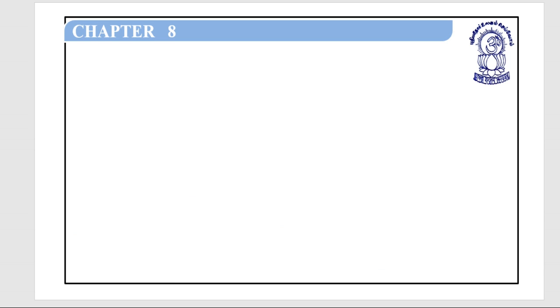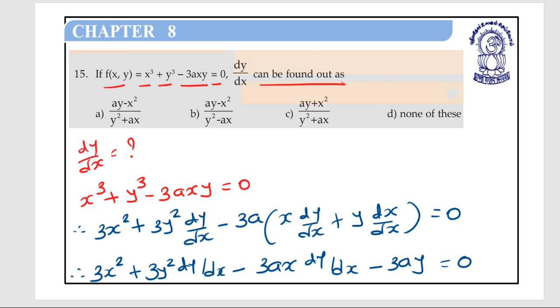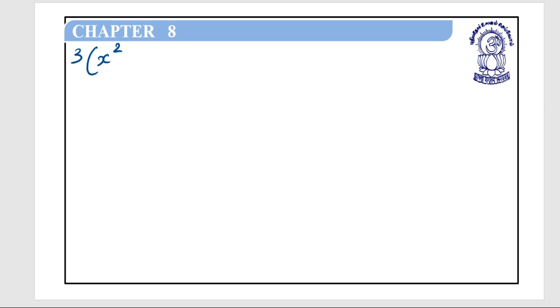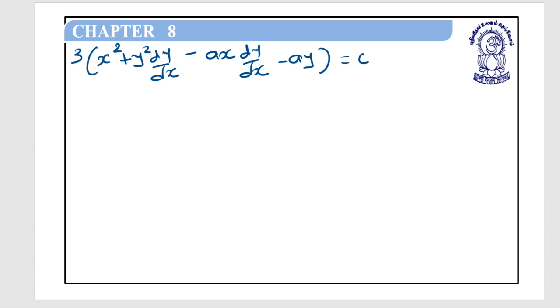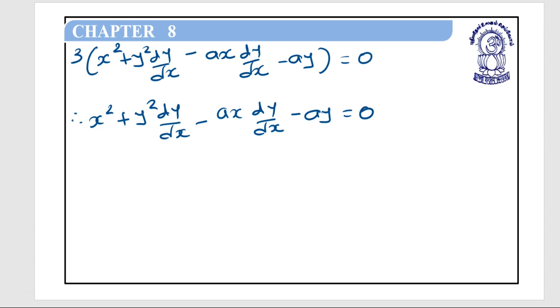So the next step is three common: x square plus y square dy by dx minus ax dy by dx minus ay is equal to 0.